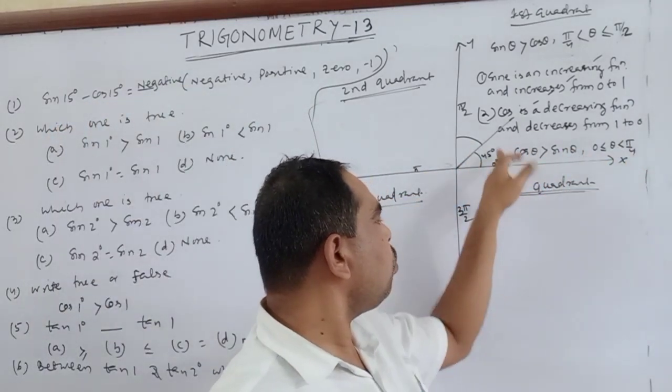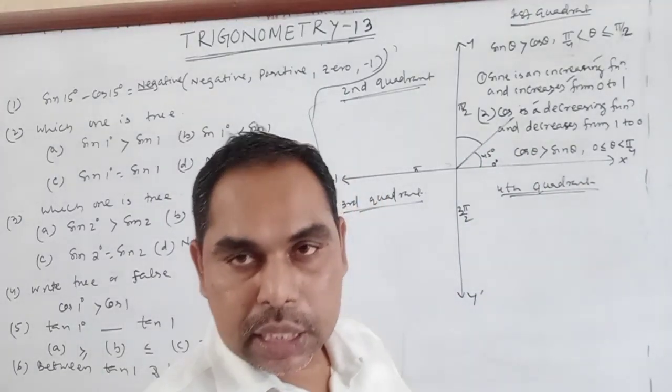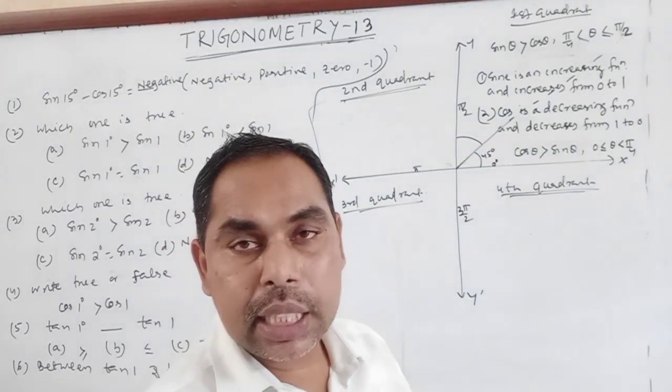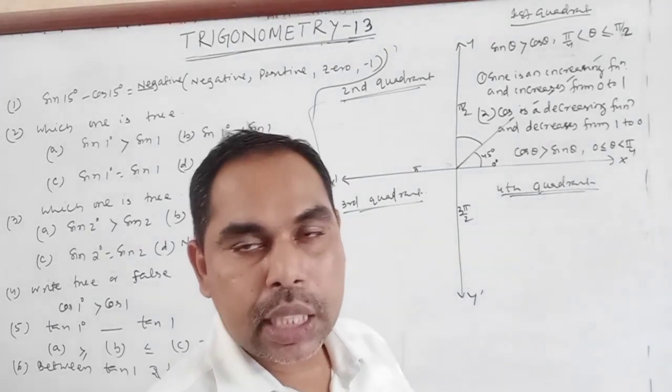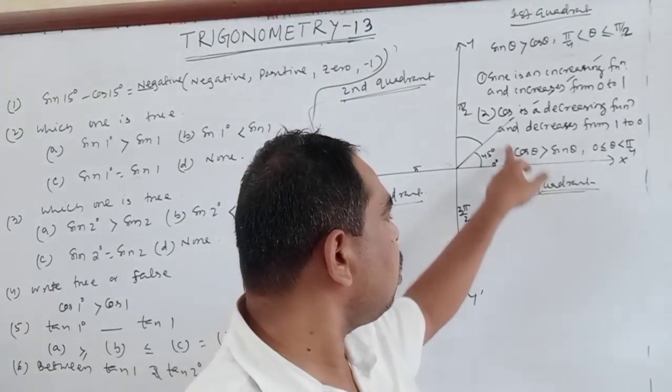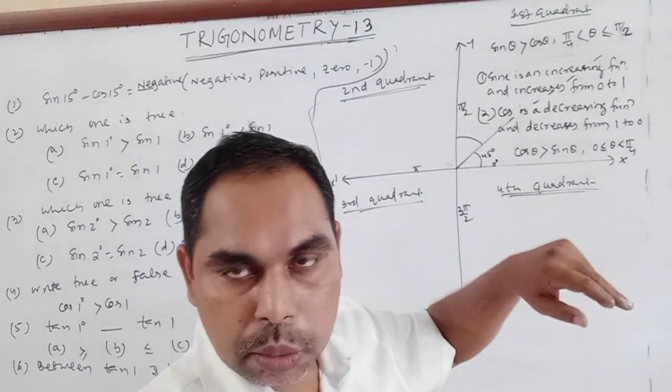In 0 to 45, cos is greater than sin, but sin is less than cos, okay? So sin minus cos will be negative. Cos minus sin is positive in 0 to 45, but sin minus cos will be negative.